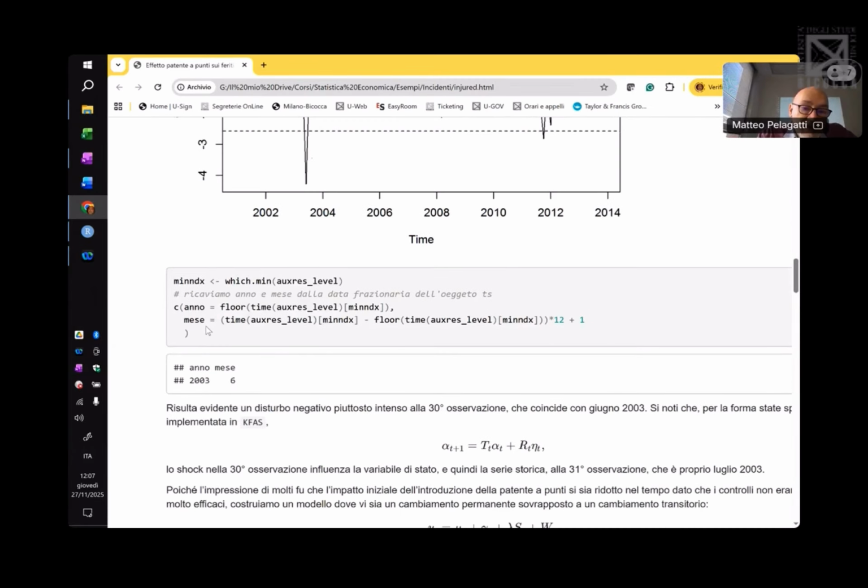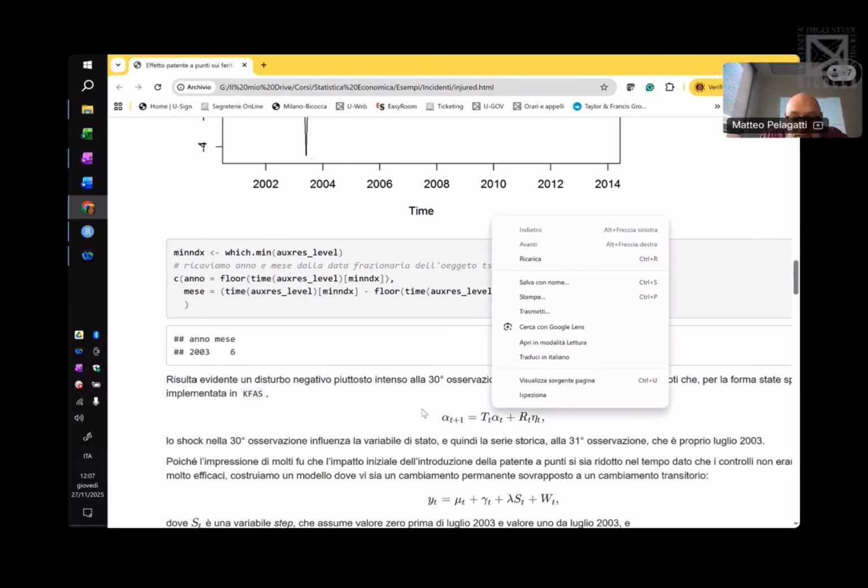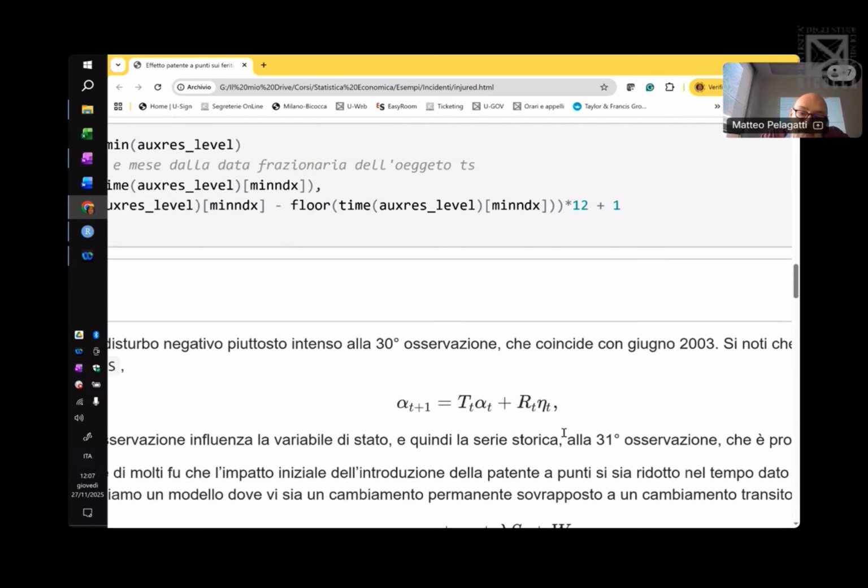And when is the level jumping down? So I just took out this information. It's June. Is June correct? Yes, June is correct, because, as I already told you, if you look at how the state equation works, if something happens on eta in June, then the data will see it in July, because the effect will be on the next state variable, okay?